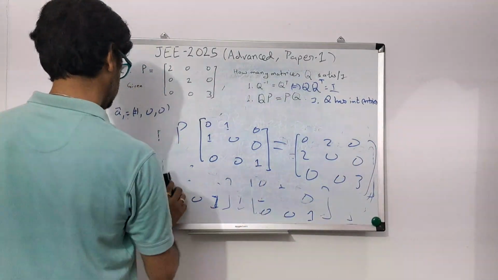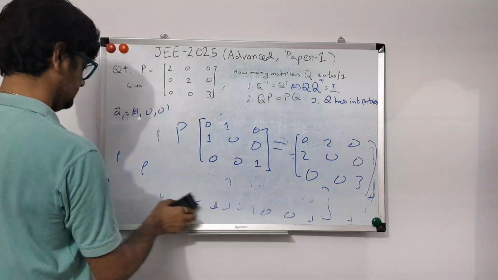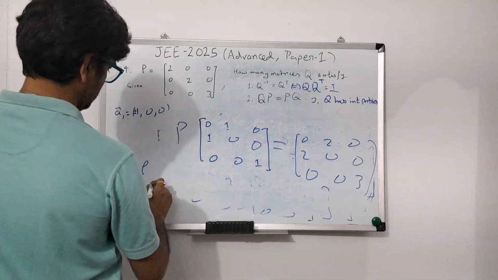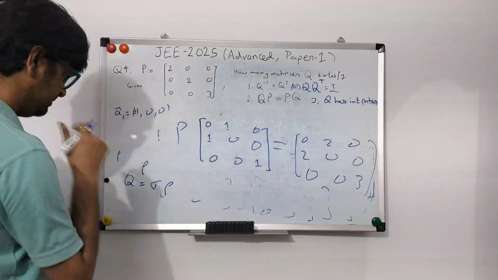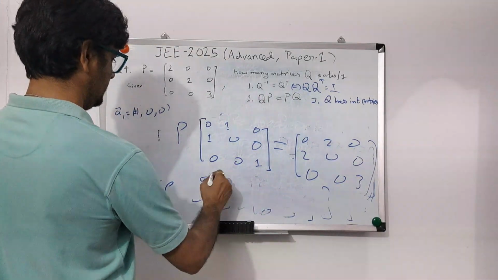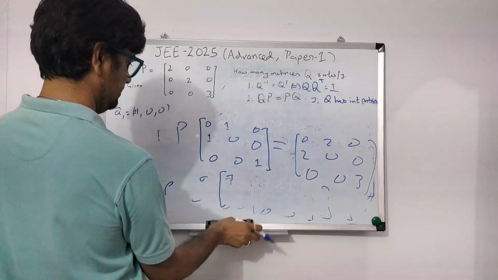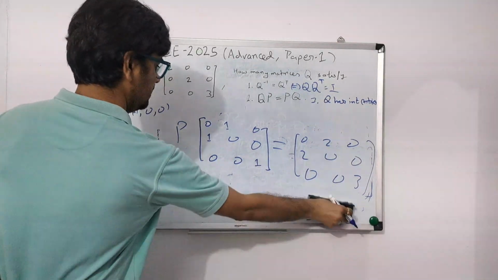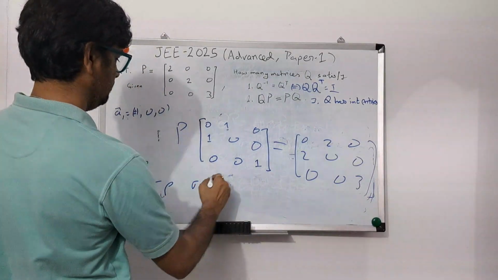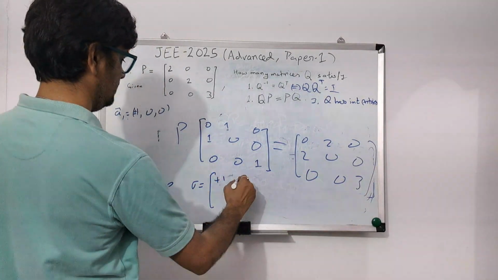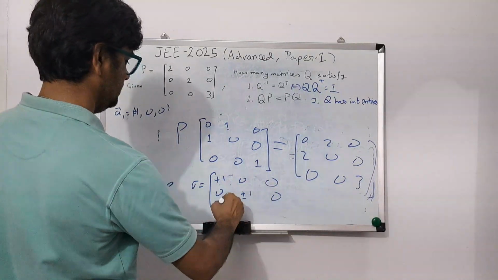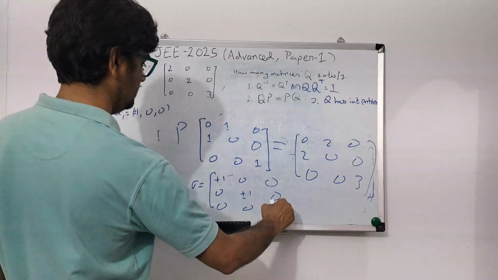Now for the Q matrix, Q equals sigma times rho. Sigma equals plus minus 1 0 0, 0 plus minus 1 0, 0 0 plus minus 1.